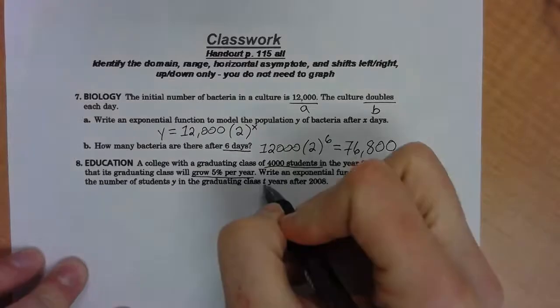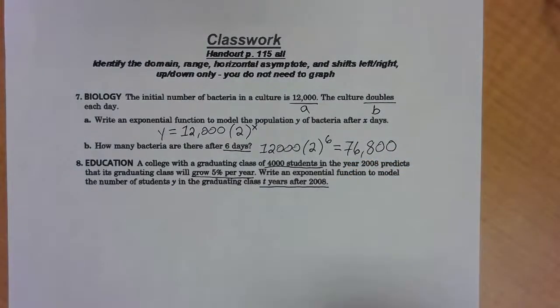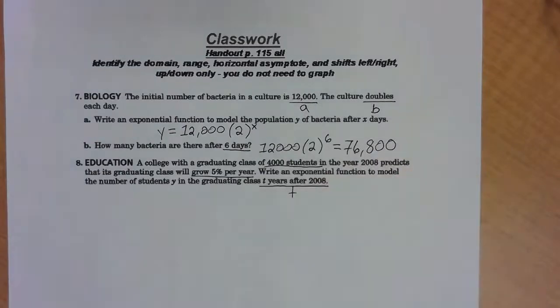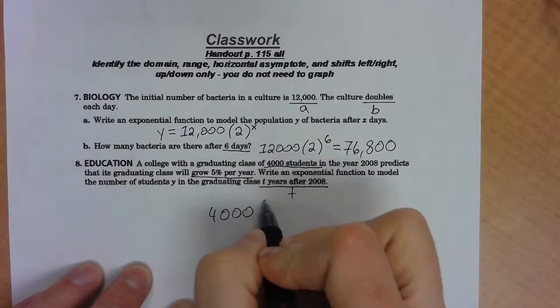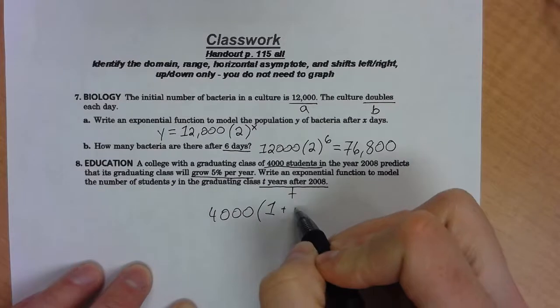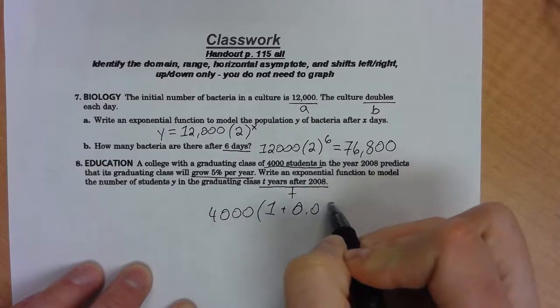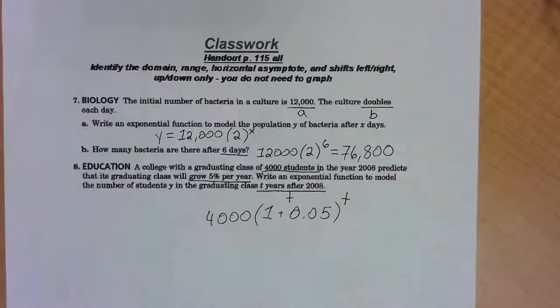So we want to make sure we're underlining that last part as the definition of our variable t, years after 2008. And we're going to write 4,000 as our initial amount. We have 1 plus our percent as a decimal, and T being years since 2008.